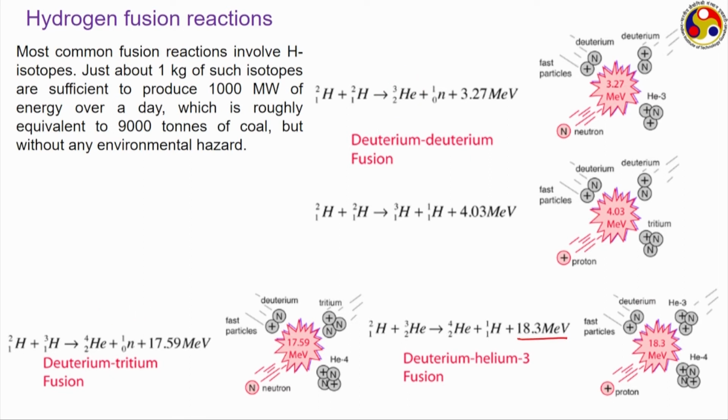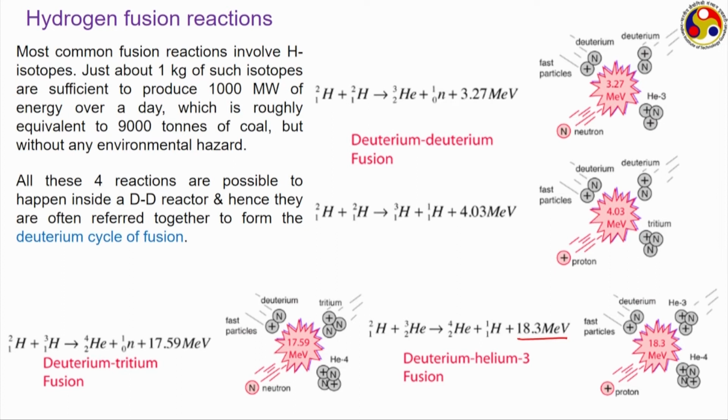These four types of reactions are quite common in any deuterium powered fusion reactor, and all these reactions can happen simultaneously, because, as I mentioned, initially when the reactor contains only deuterium, we are going to have only reactions 1 and 2, both DD reactions.